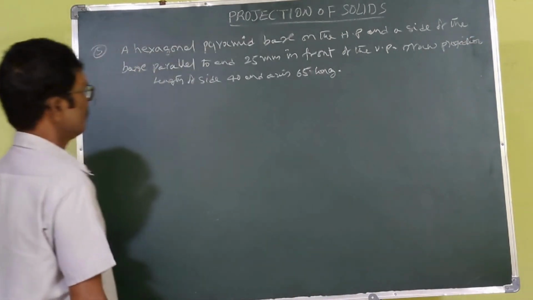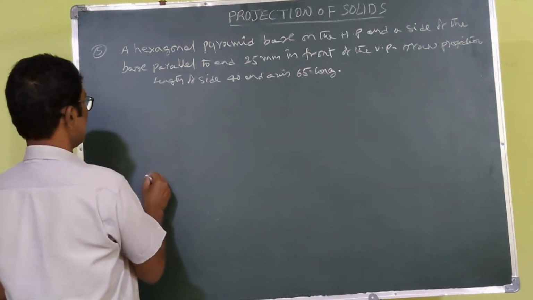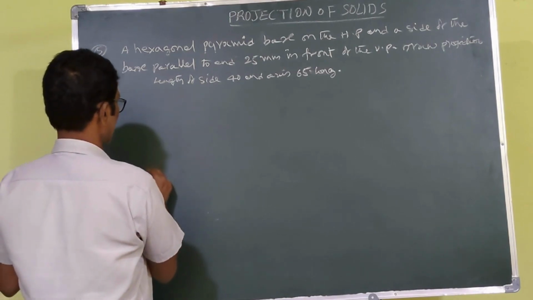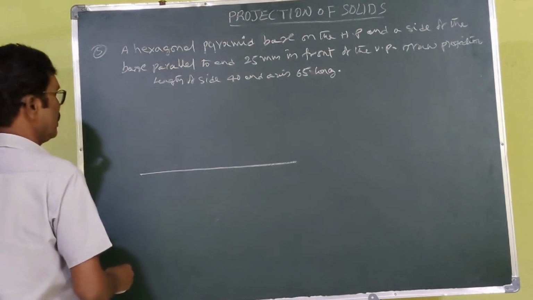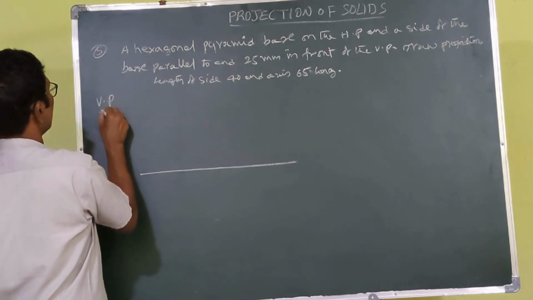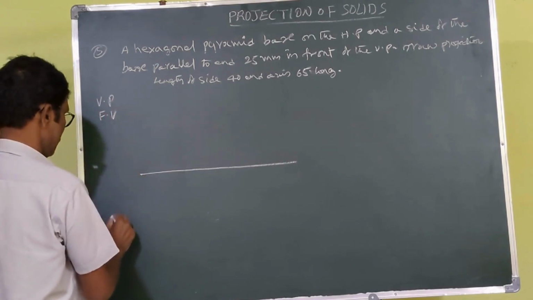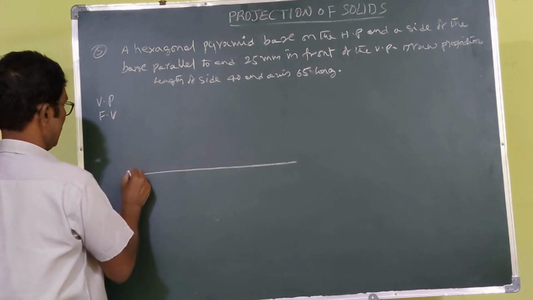Length of the side 40 and axis 65 long. Okay, you draw first the XY line. This is the VP, front view, HP, top view, XY line.